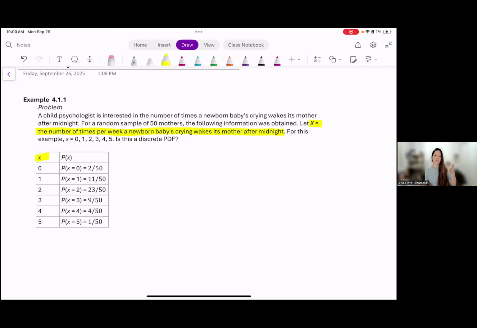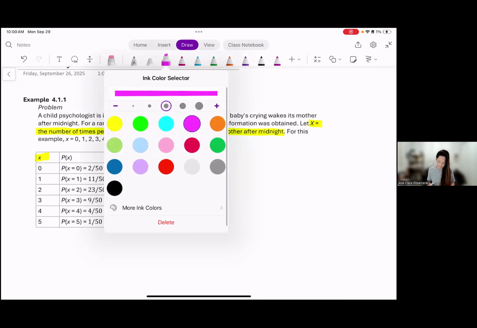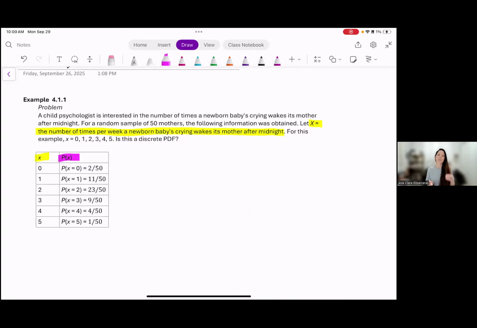So 0 through 5 are the options which we list. And in the column to the right, it says P of X, which is the probability of that occurring. So this first value of being woken up 0 times happened for 2 of the mothers. So that probability of being woken up 0 times was 2 out of 50.